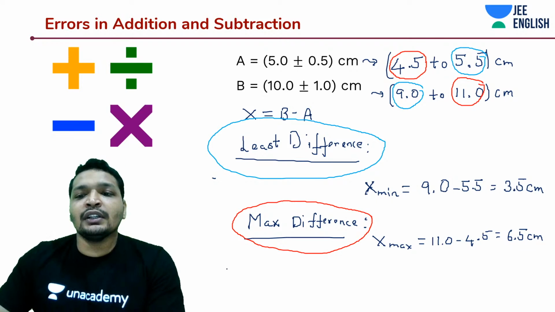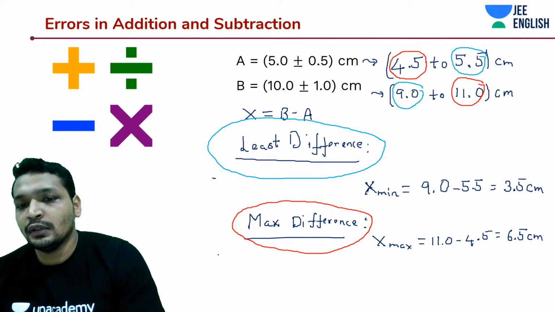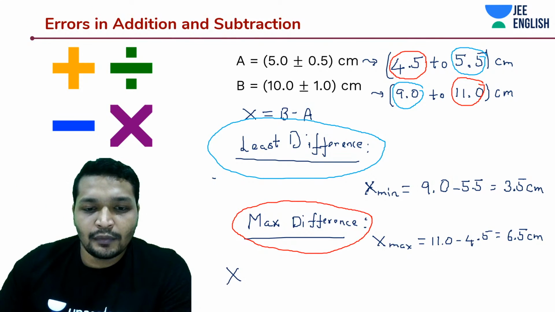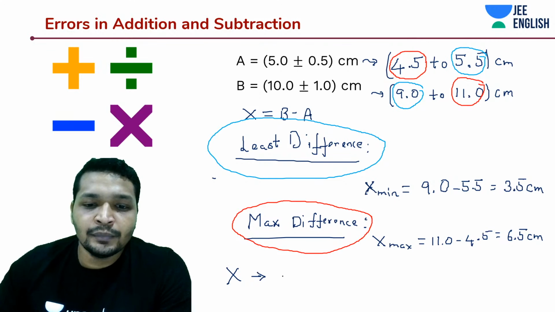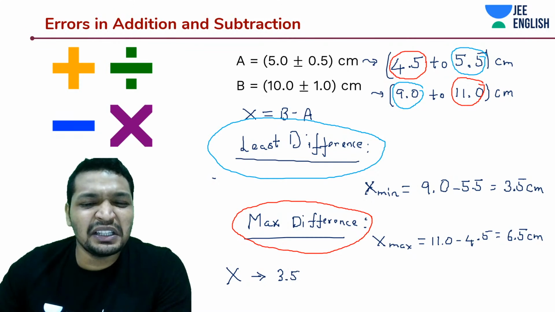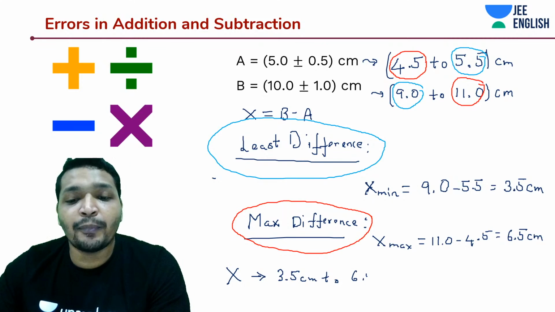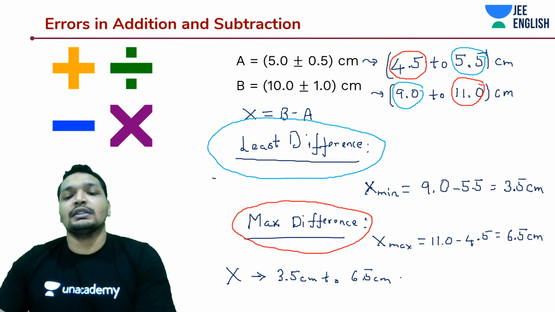So X is actually lying within the range of 3.5 and 6.5. X is from 3.5, which can be the least difference, and it can have a difference up to 6.5 centimeters.